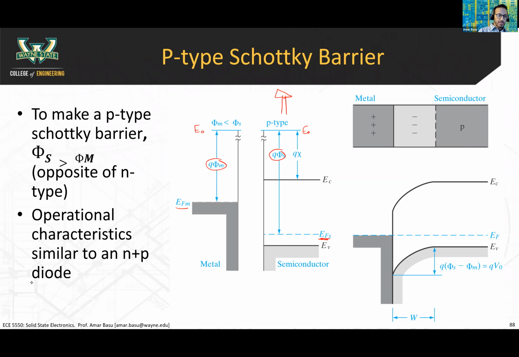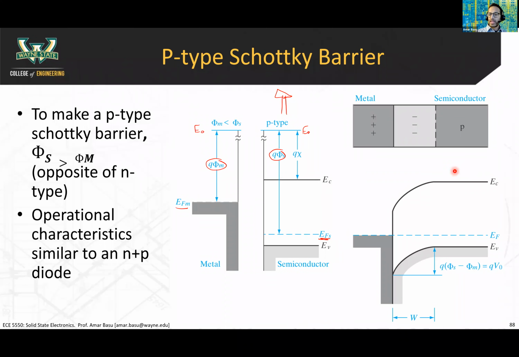So now you have a barrier here instead of here. Why is that? Let's think about this for a second. In a p-type semiconductor, there aren't many electrons up here, because EF is way down here. So not much is going on in this region.